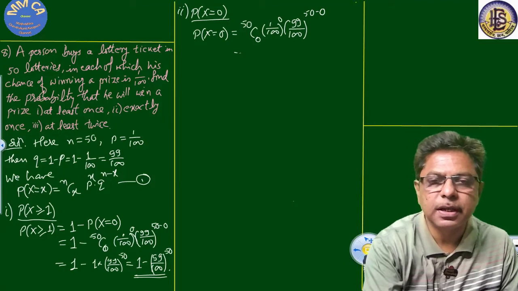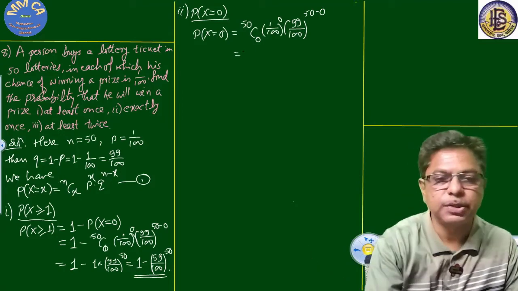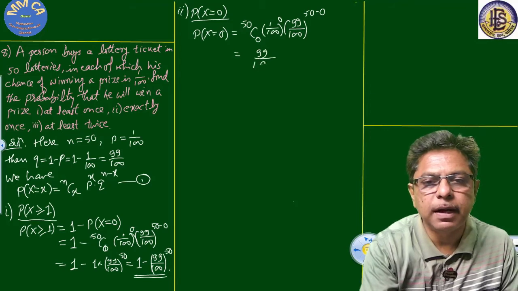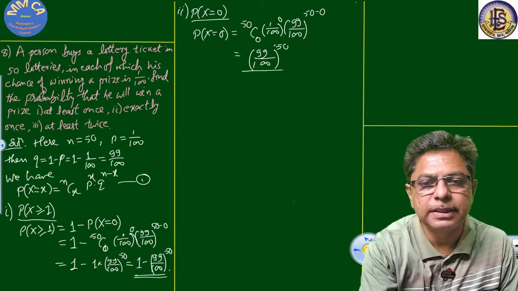And just as we have calculated in the previous part, this is 50 into 1 by 100 into 99 divided by 100 bracket raised to 49. This is the answer of the second sub question.